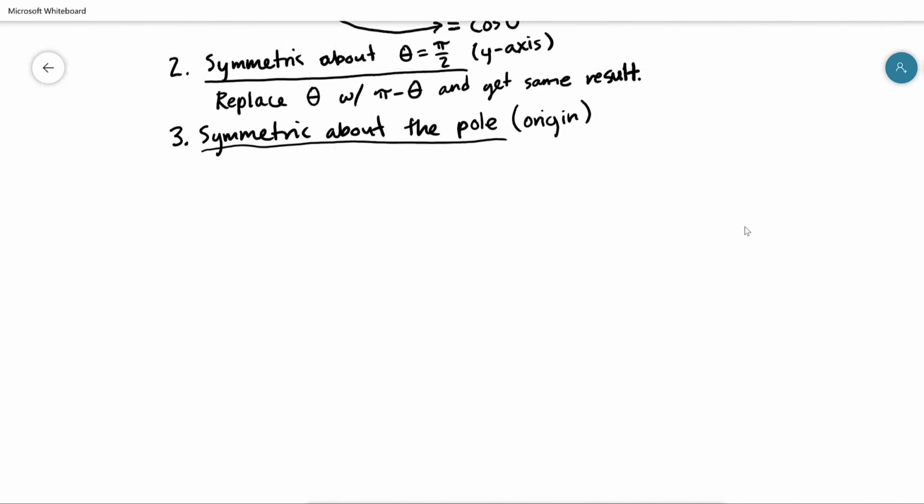So in this case, what we can do is either replace r with negative r, which I think is the easier one, or replace theta with theta plus pi and get the same thing. So maybe I should put my or here instead.